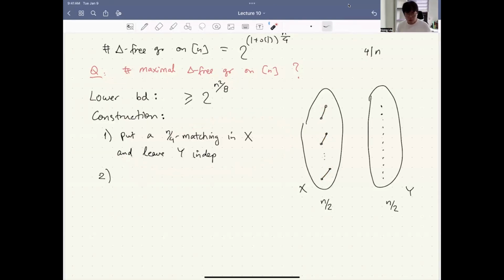Now things start to differ. We're going to generate different ones. For every pair of an edge in X and a vertex in Y, here's an example.